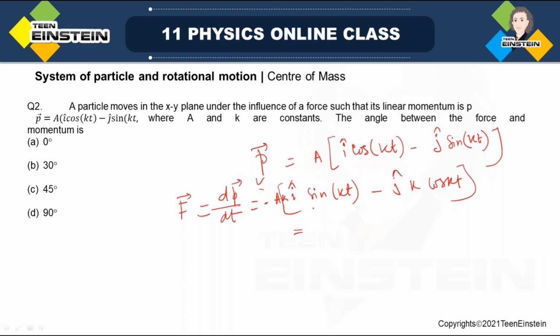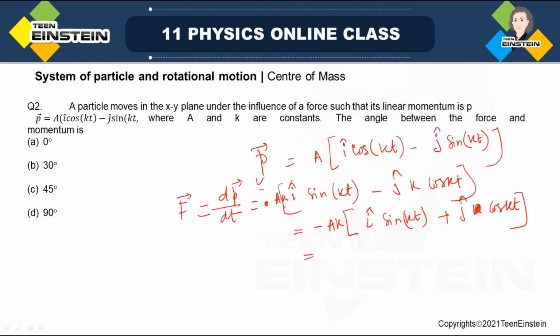If I take the minus sign common, then we get a k, let it be a separate constant, a prime maybe, so i cap sin kt plus j cap cos kt.